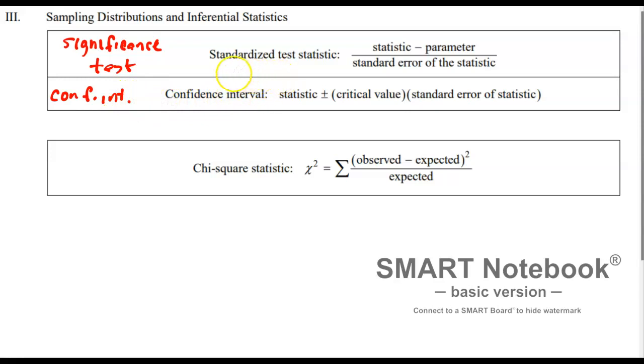Okay, what we associated here is our Z or T values, and down here was our Z star or our T star. Okay, our critical values.